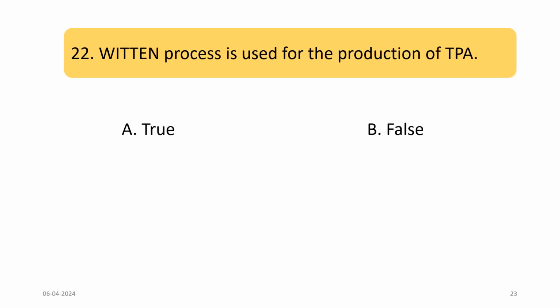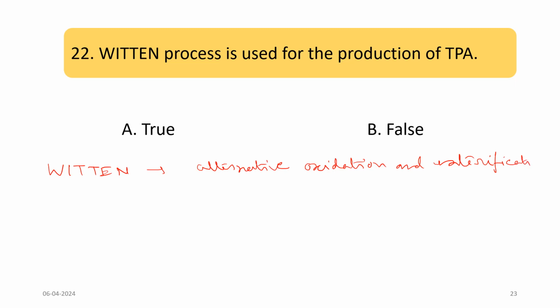So you know that in the Whittain process, we have seen that oxidation and esterification of p-xylene leads to the formation of DMT, that is dimethyl terephthalate.